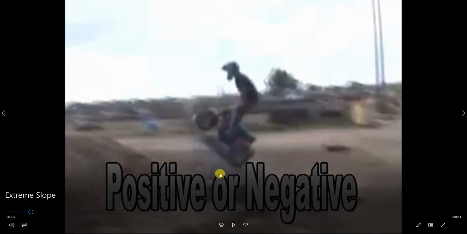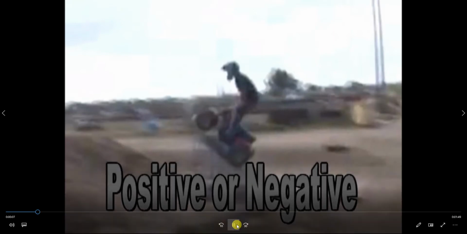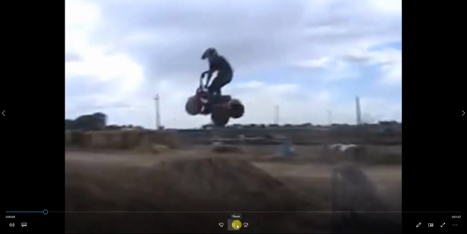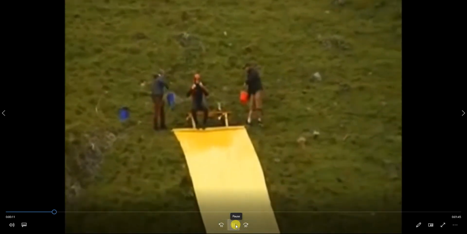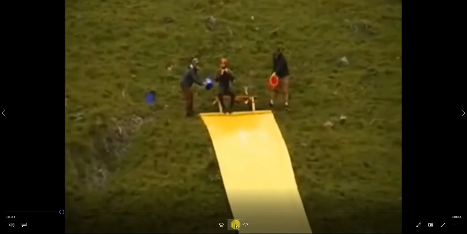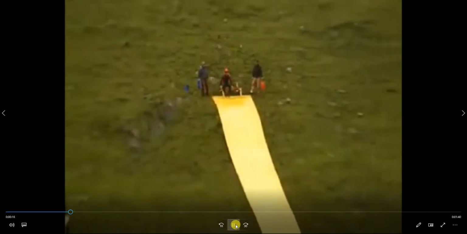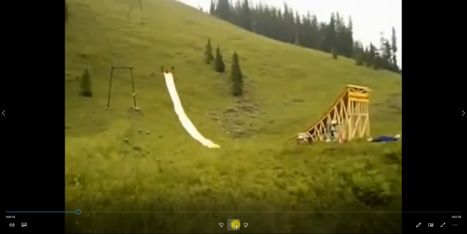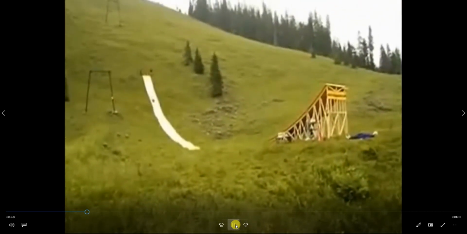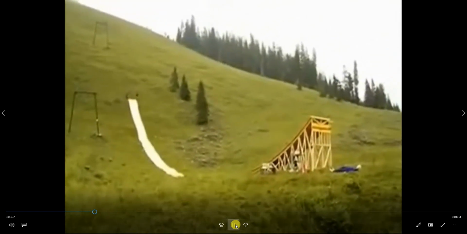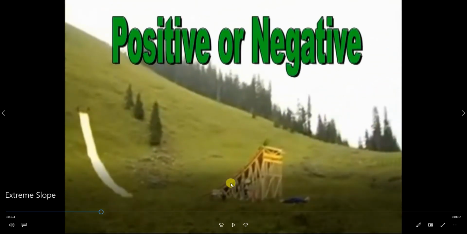Look at that right there. Is this a positive or a negative slope? That is a negative slope. Right there, what is this? This is a positive slope. Notice if I wrote my name on it, it would be going uphill.